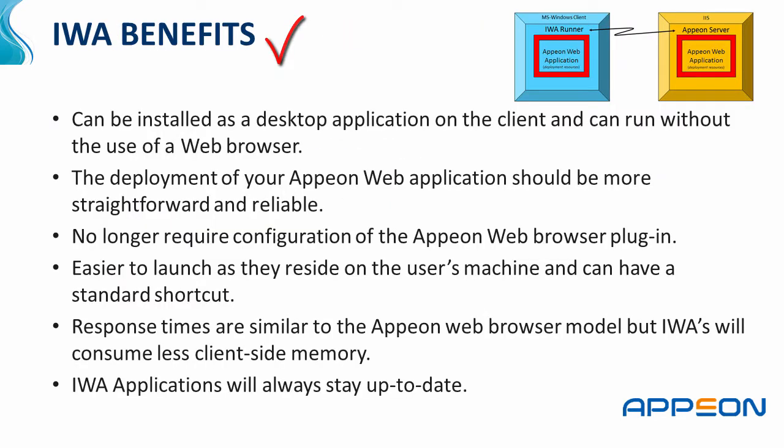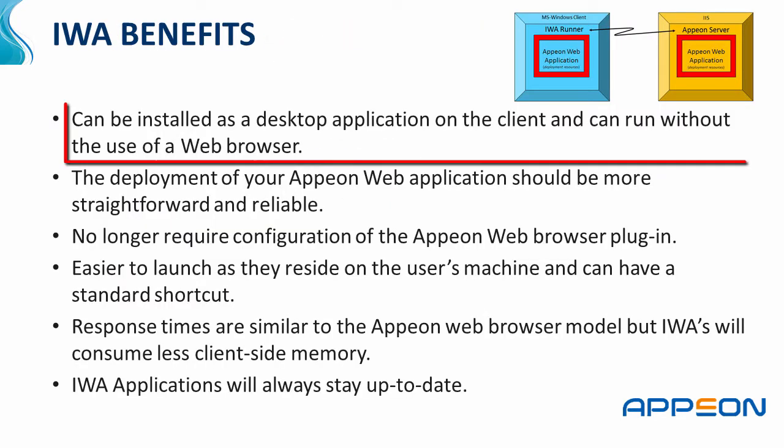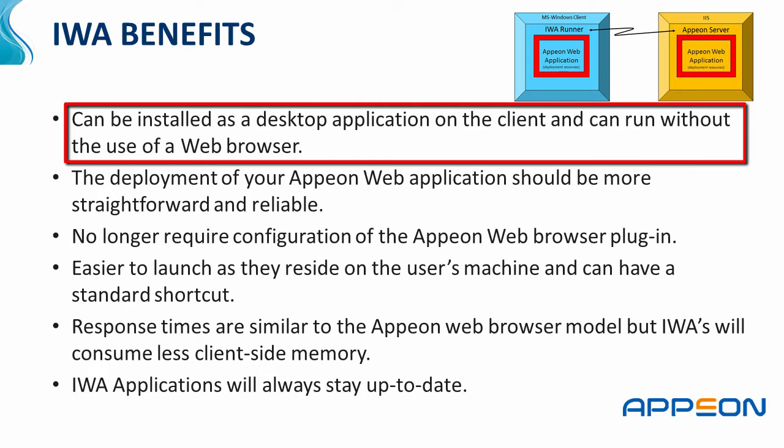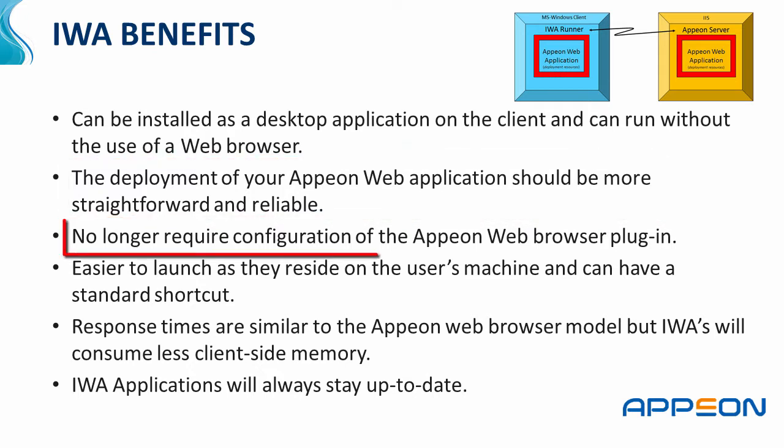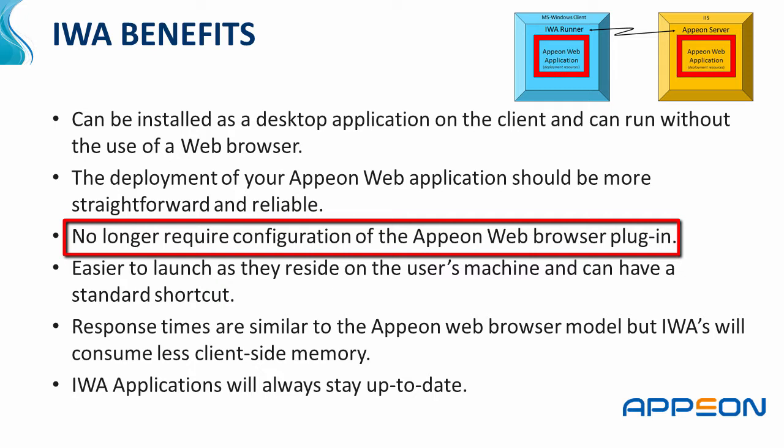Let's have a look at the IWA benefits. As you can see here, it can be installed as a desktop application on the native Windows client and can run without the use of a web browser. The deployment of your Appeon web application through this mechanism should be more straightforward and reliable. You no longer require the configuration of the Appeon web browser plugin.